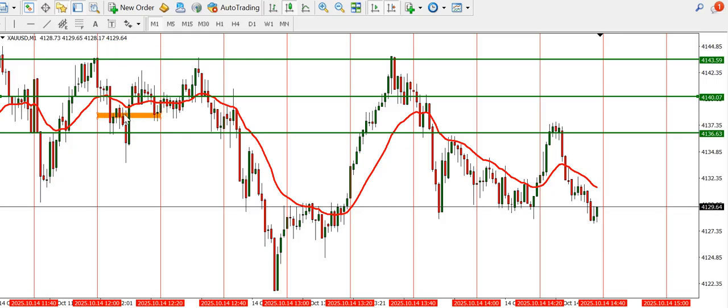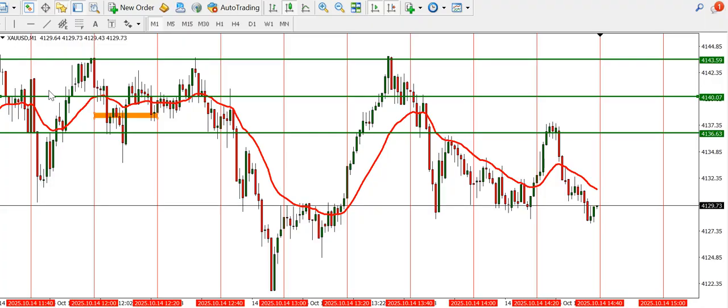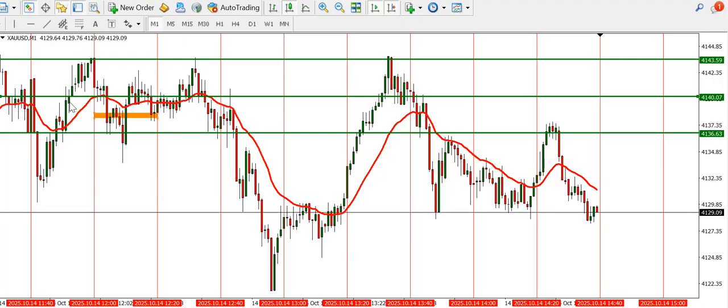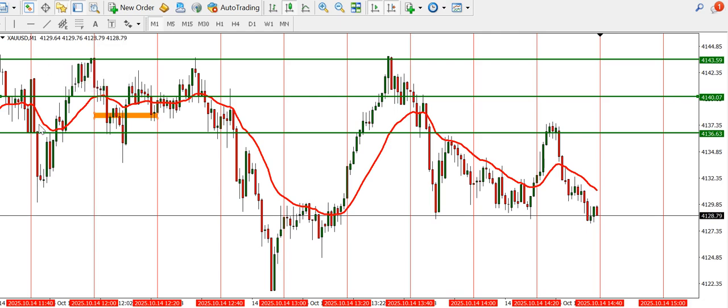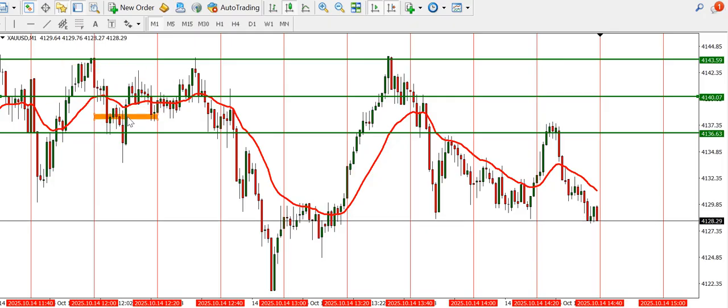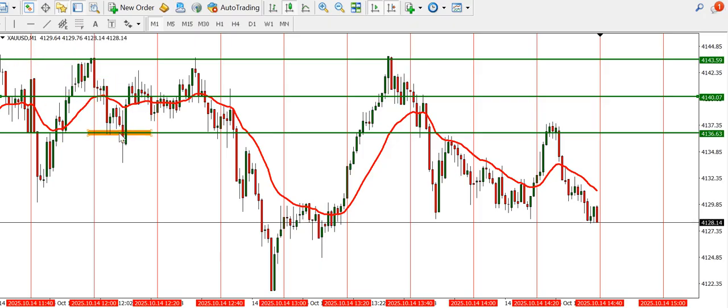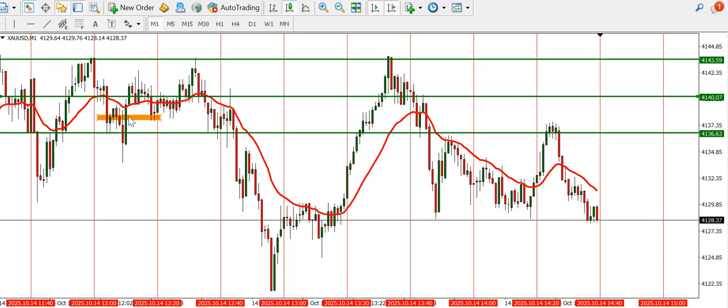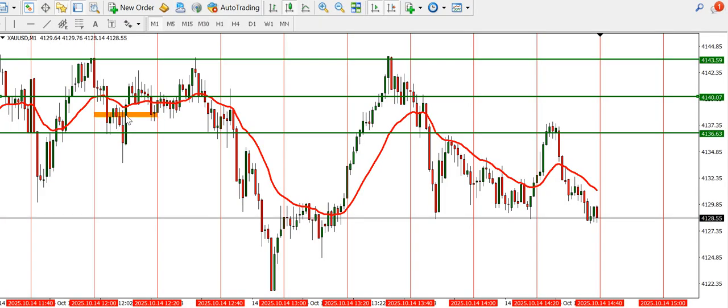Since I have price rising in this section, it will be a support. If I have a drop of price, it will be a resistance. So this particular place will be a support.